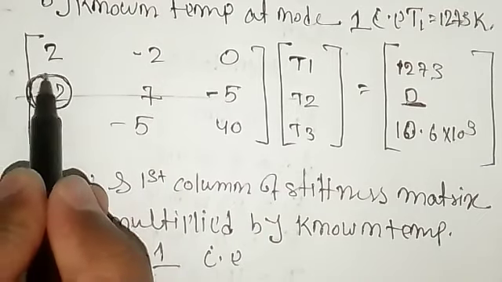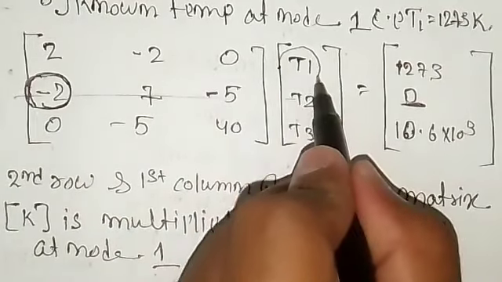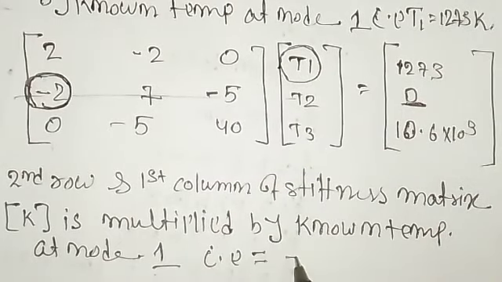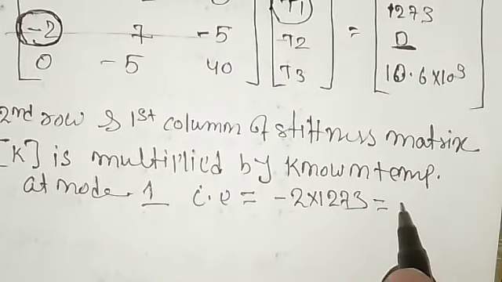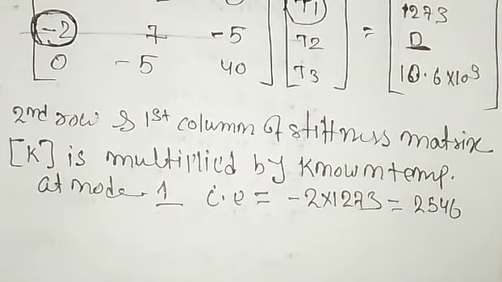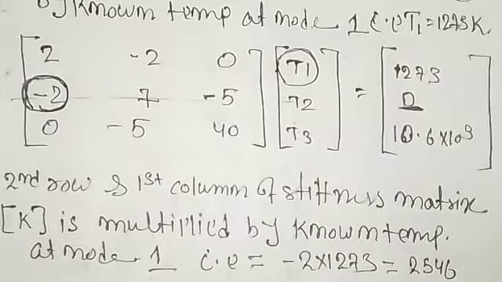So that value is minus 2. This minus 2 will multiply with the known temperature. The known temperature is T1, which is 1273. So that is minus 2 into 1273. This value will become 2546, right, and this value will be added here, that is in the second row of the force matrix.